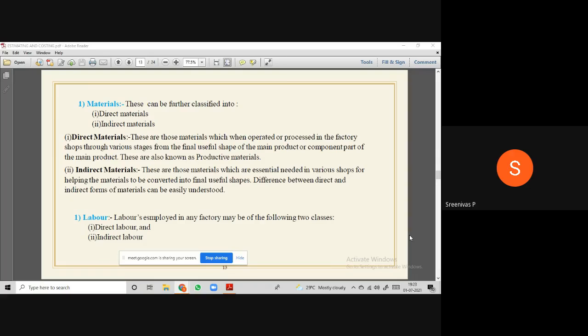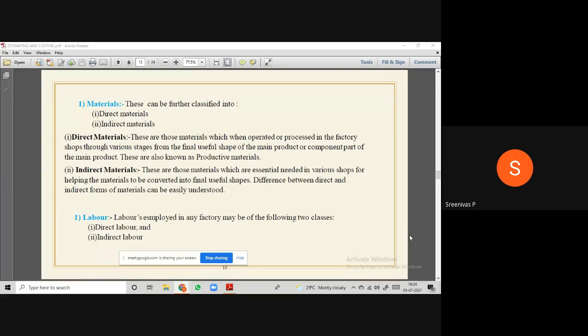While performing the machining operation, a lot of heat is generated. Hence, it is necessary to minimize the temperature at the work tool interface. Hence, we must use coolants.